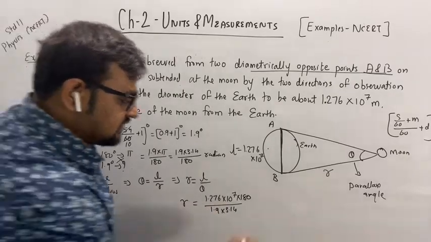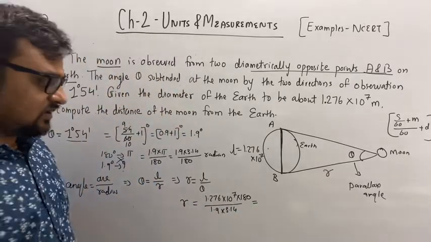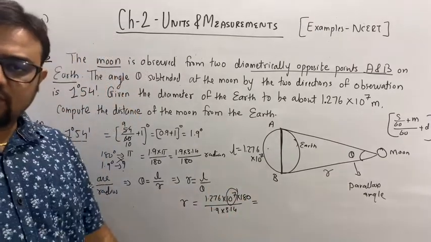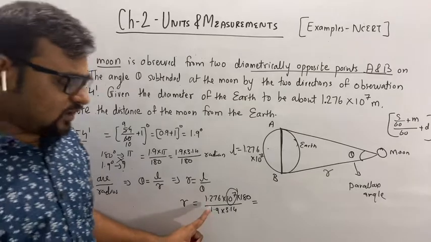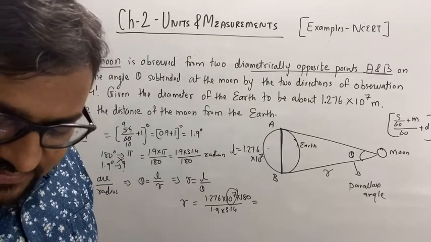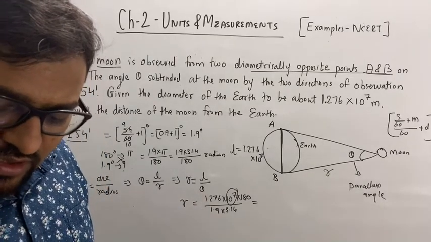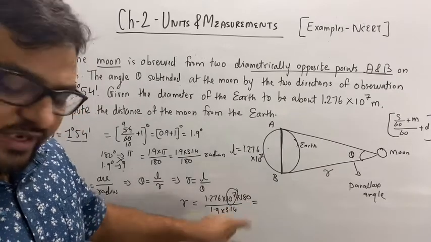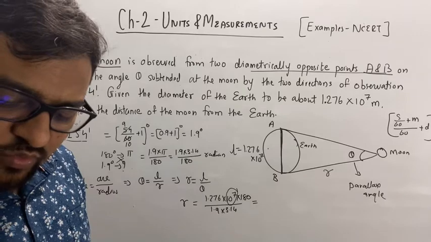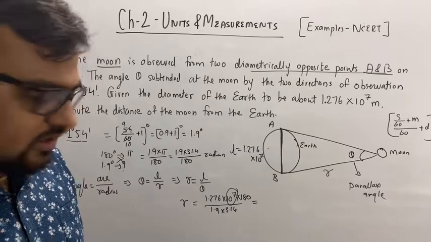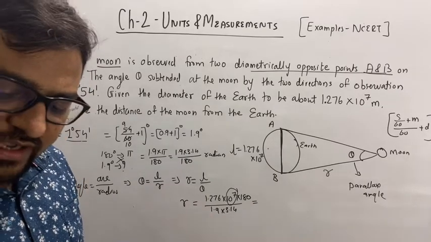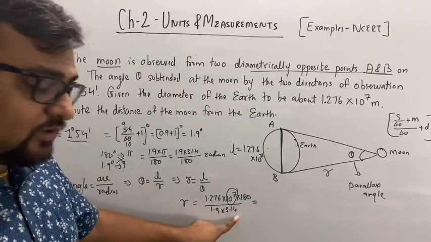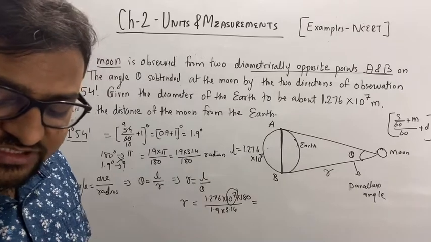Okay, so this is the radius. Now see how to calculate it. Just take this separately; don't take this in calculation. Apart from this, calculate this. 1.276 into 180, divided by 1.9, divided by 3.14 because it is in the denominator.